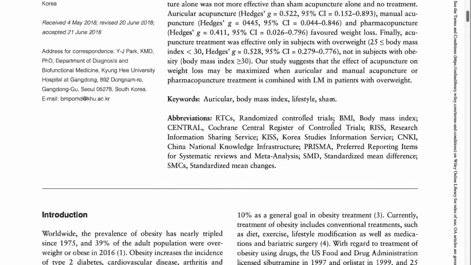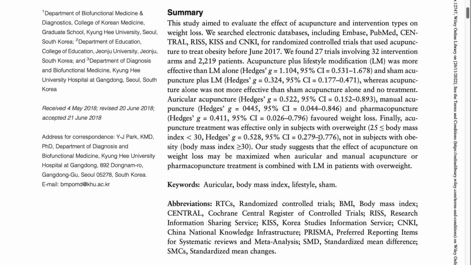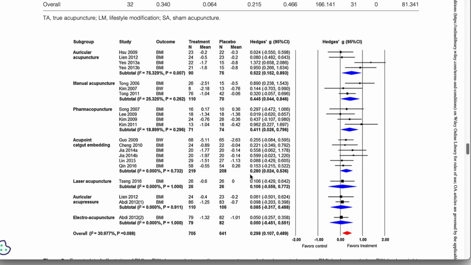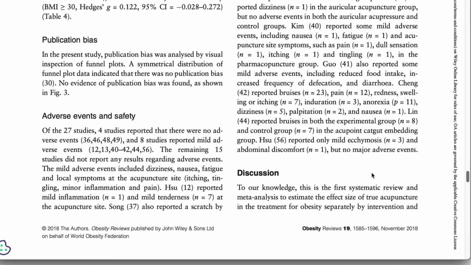So if you want to just quickly browse the result, just check the conclusion. So this is the figure called a forest plot, and this side is the favored result and this side the unfavored result. And most of the studies included here in this review say the acupuncture was effective. And you can use this conclusion for your study.